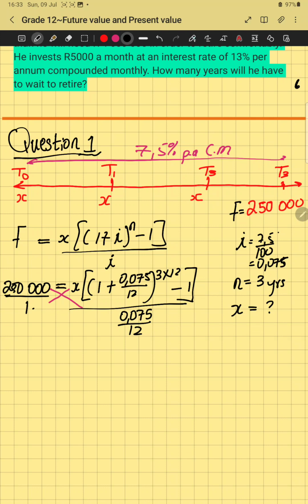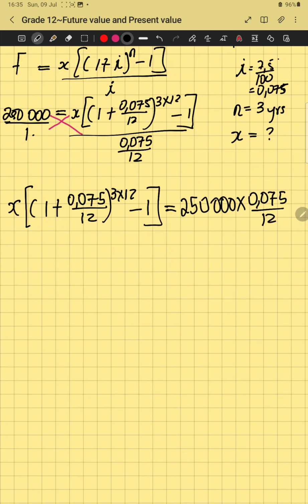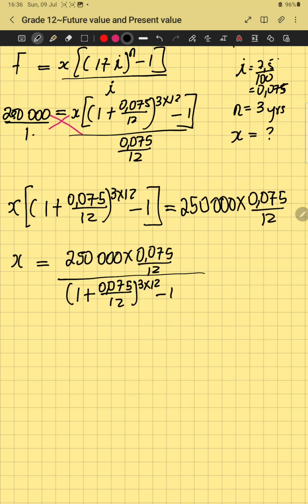This is our substitution. Then the next step is to divide by this number here in the square brackets on both sides, so that we are left with X on the left hand side. This is what we have after the cross multiplication.